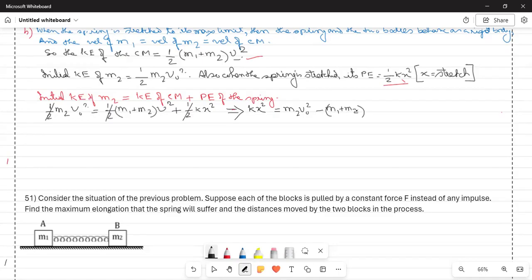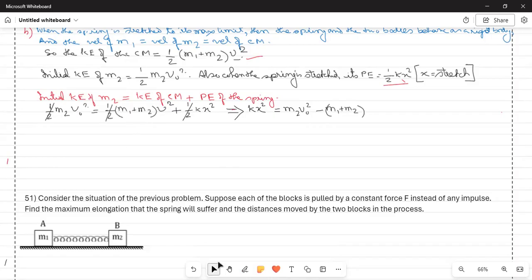Now, here is the center of mass term, (M1 plus M2) into v square.